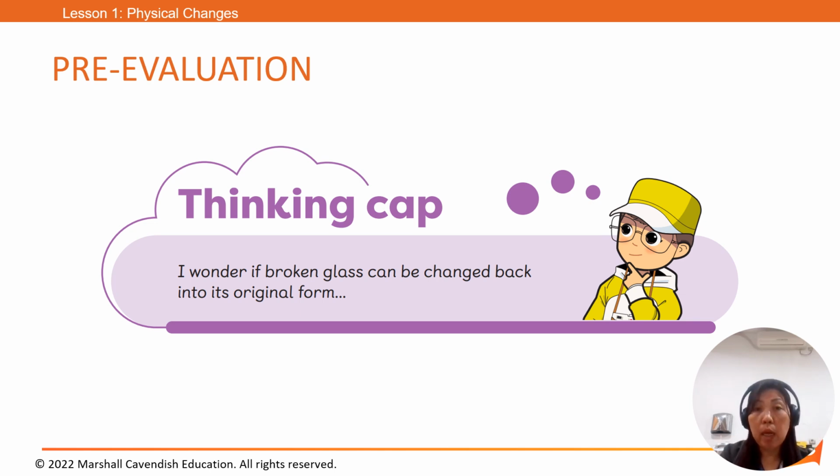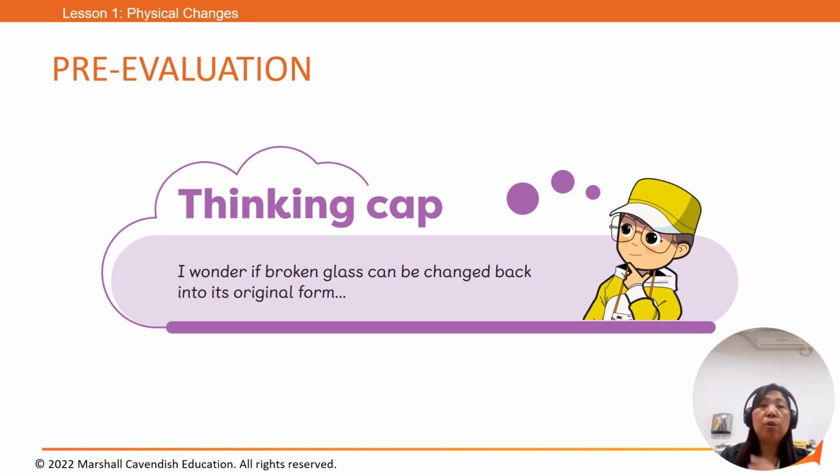If you say that yes, it can be back to its original form, well, that is probably because you are thinking of going through the long process of heating, cooling, and forming the glass again from the very beginning, or what we call recycling. Then yes, you can get the broken glass back to its original form, but in this chapter we are not going to talk about that.